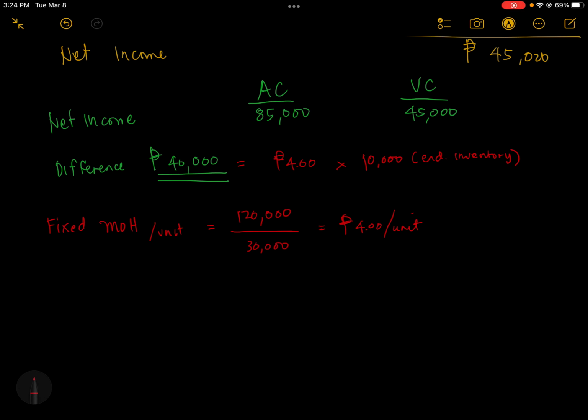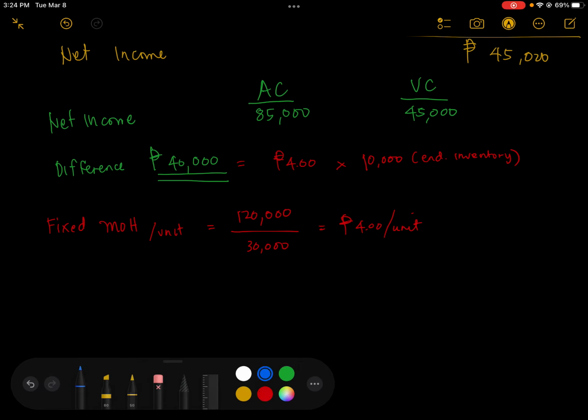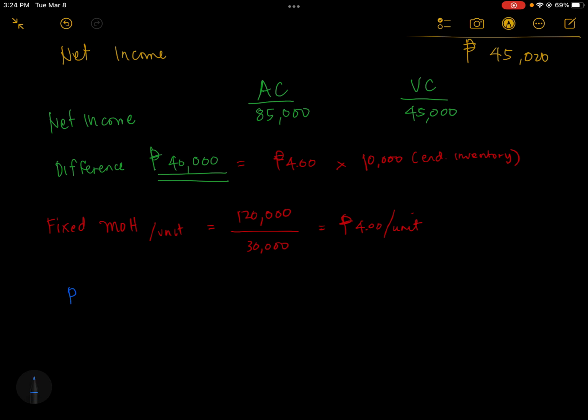And also with this kind of illustration, we can say that if the production is greater than the sales, it means absorption costing net income is greater than variable costing net income. Production is 30,000, which is greater than the sales of 20,000.